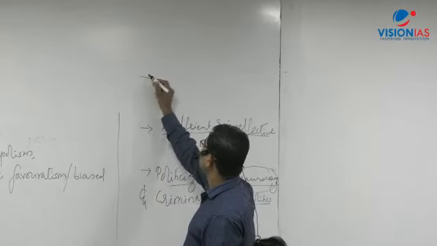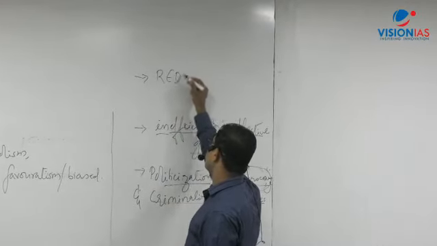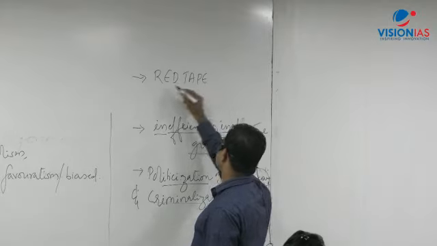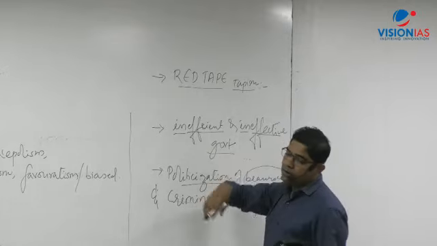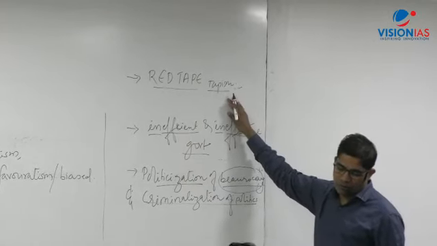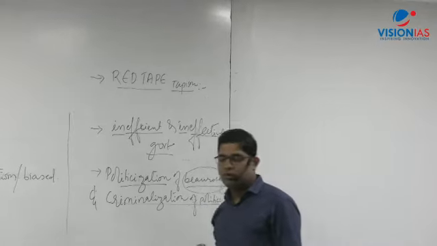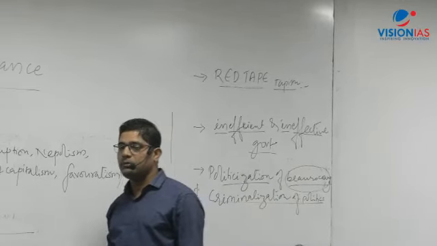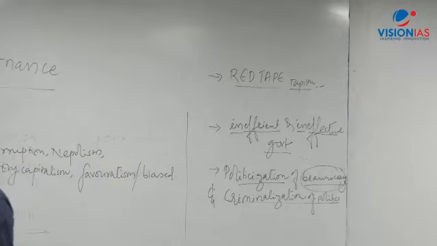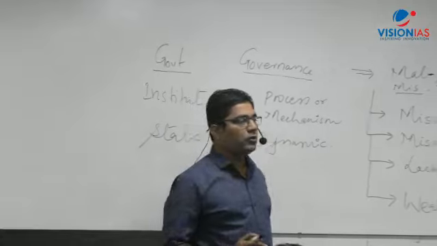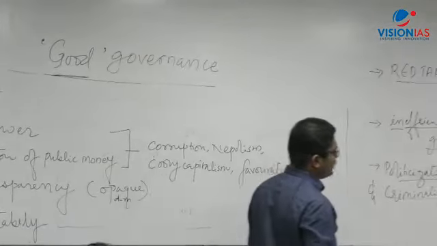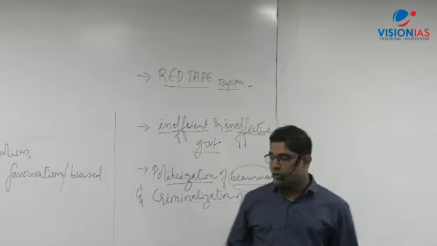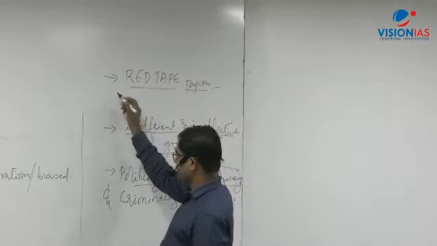The next issue is red tape, or red tapeism. What is red tape? Undue delay in public service delivery. Red tape represents undue delay in public service delivery because of complex bureaucratic structure or procedure, complex laws, complex rules, etc. So these are some structural problems.